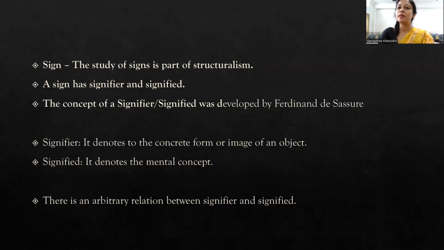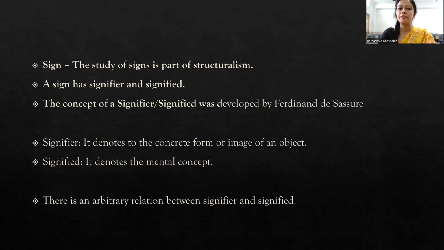The concept of sign emerges from structuralism, a philosophical branch or a theory that deals with the structure of words: exactly why that word was used instead of this word, what particular words imply, and how they imply. So structuralism deals with the structure, the formation of words. Now, sign has two parts, signifier and signified.